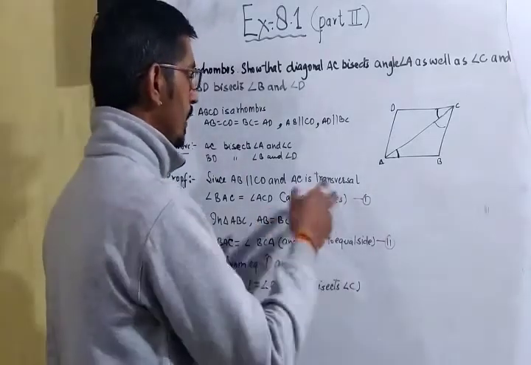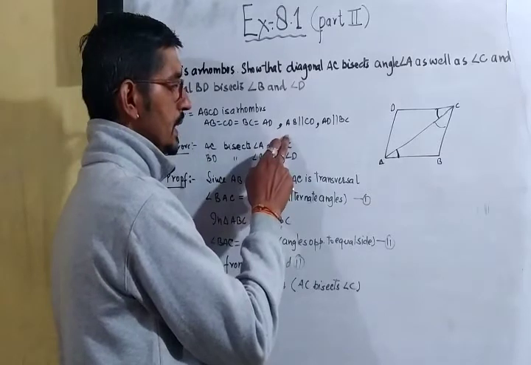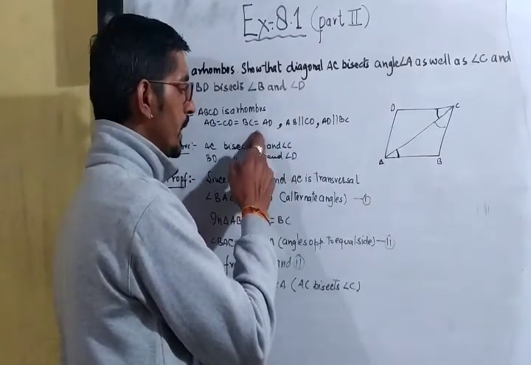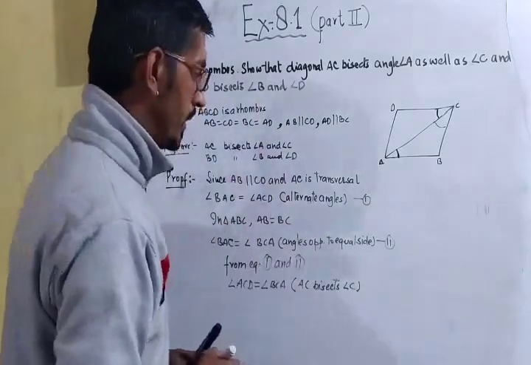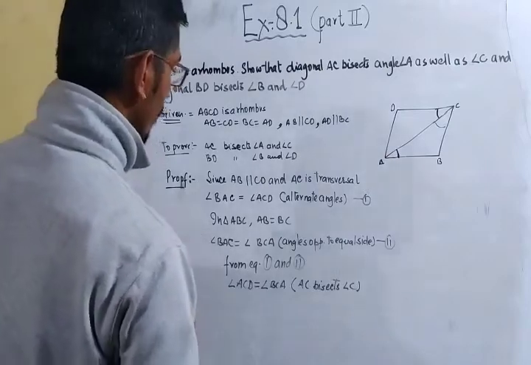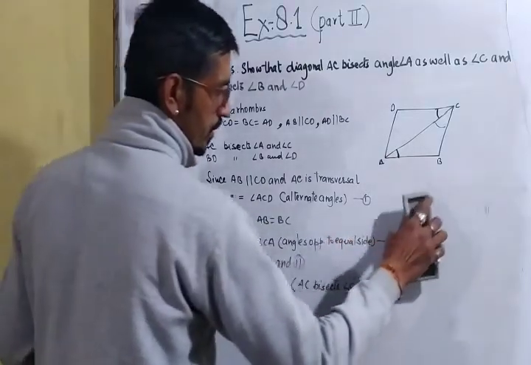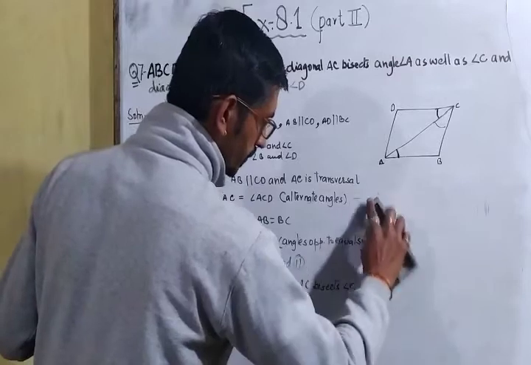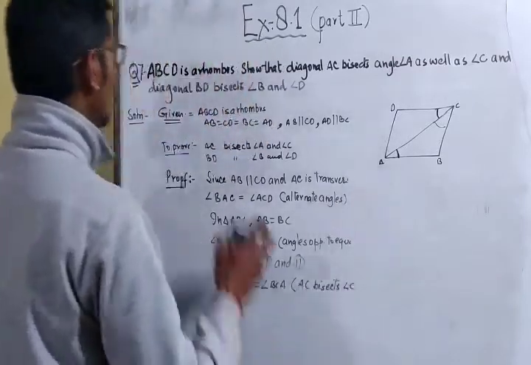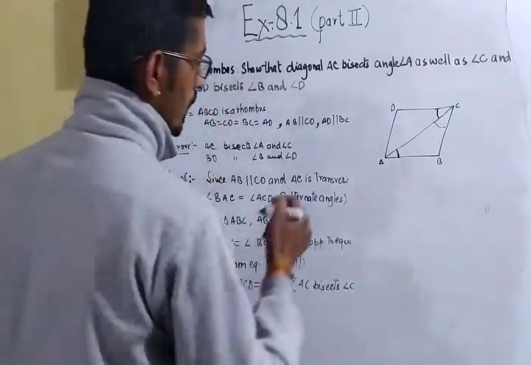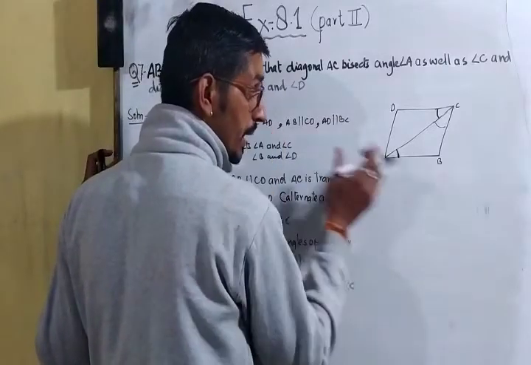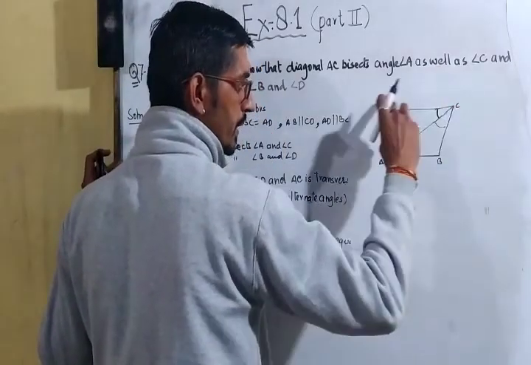Now moving on to the second part. AC is now bisecting C. Now we will prove that AC is also bisecting angle A. Okay. So now how to prove? So I'm just writing here. Okay. So here again you will write. First we took this pair. Now this pair.